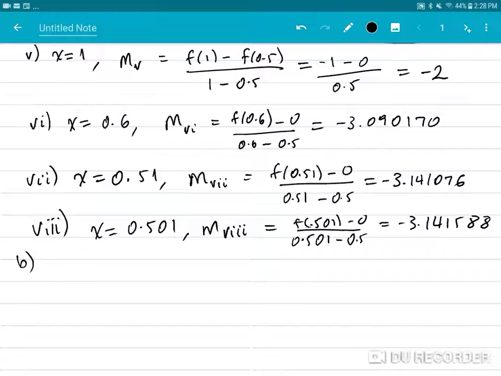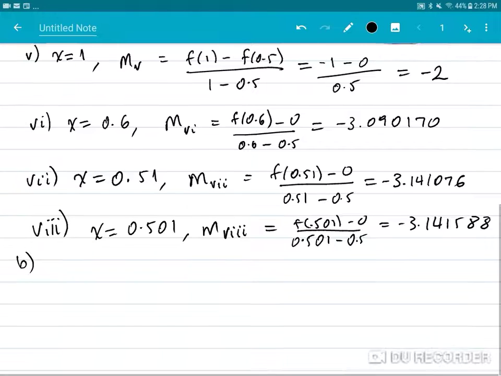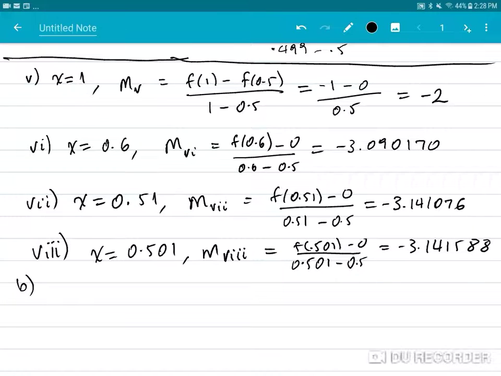Now using your results, question B says, using your results from part A, find the equation of the tangent line to the curve at (0.5, 0). Well, we are assuming that this is approaching some value, and we can't say to 6 decimal places or 5 decimal places what that value is.